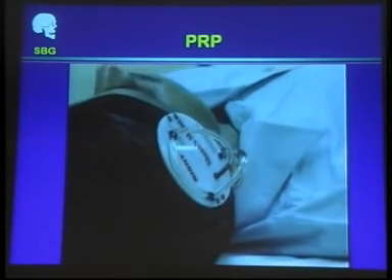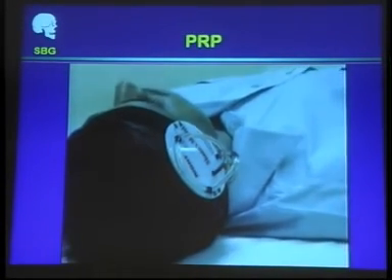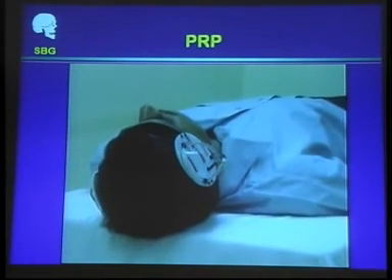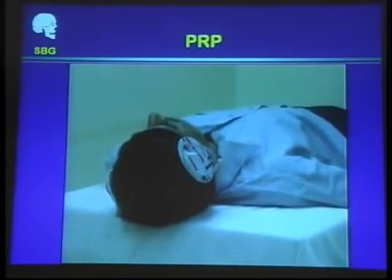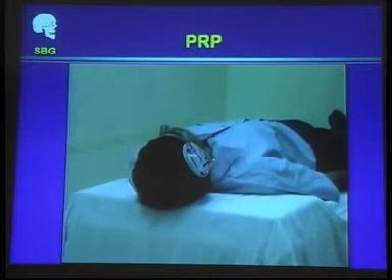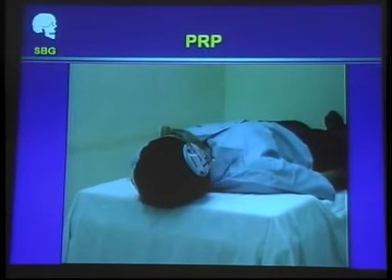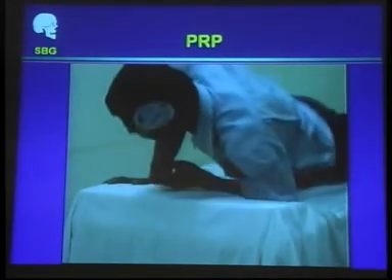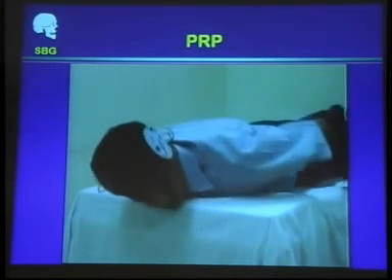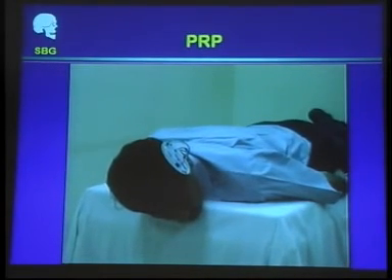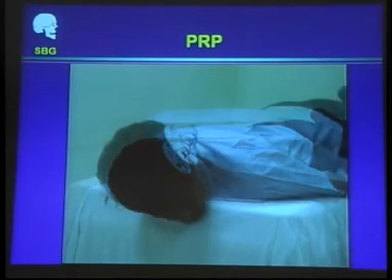Then, of course, is the prone position, keeping the head in the same position, so turn to the left. And of course, the last step is again supine and sitting.